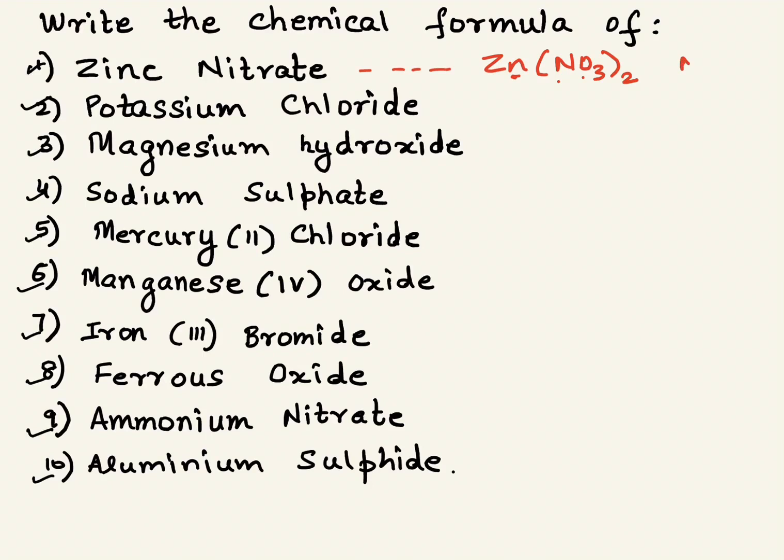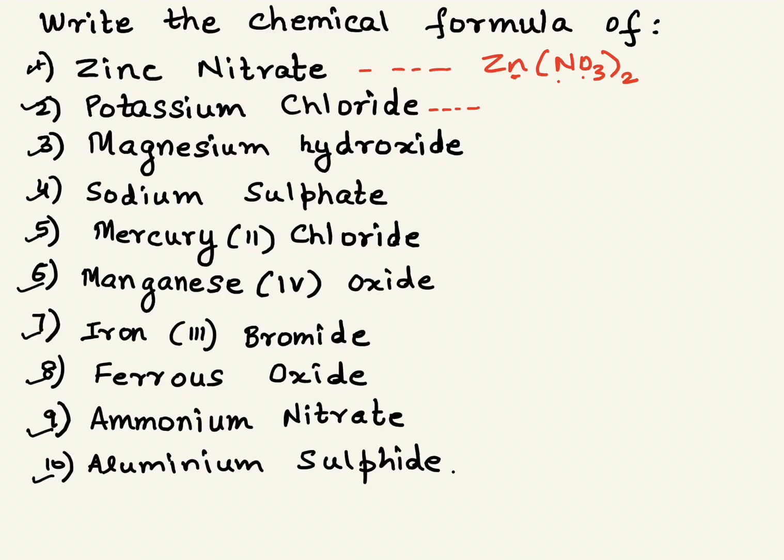In case you have written it like this for nitrate, or for zinc, both of these make your answer incorrect, because we are very specific when it comes to the writing of the chemical formula. If you change the format from capital to small or small to capital, the formula changes completely.